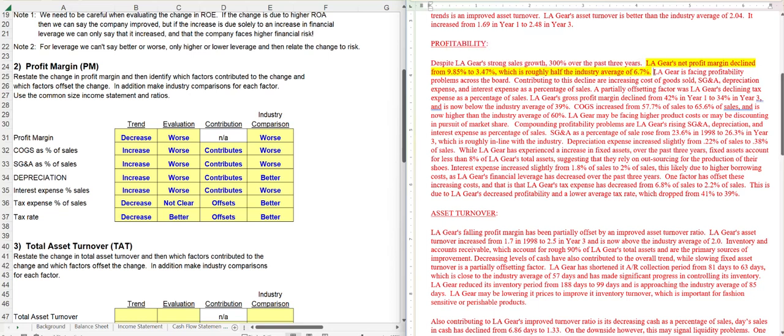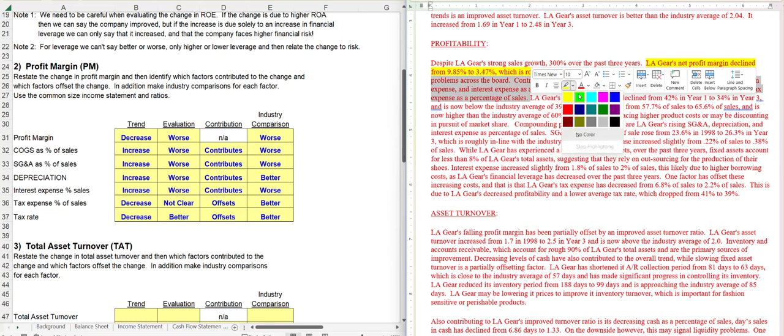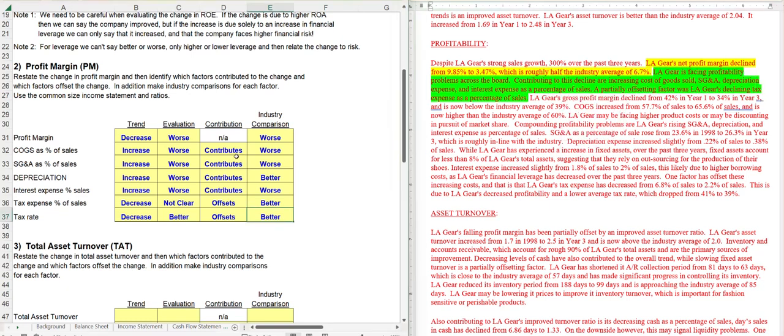The next thing you do is you need to tell me which factors contributed to the overall trend and which ones offset the overall trend. So the factors that contributed were rising cost of goods sold, SG&A, depreciation expense, and interest expense as a percentage of sales.